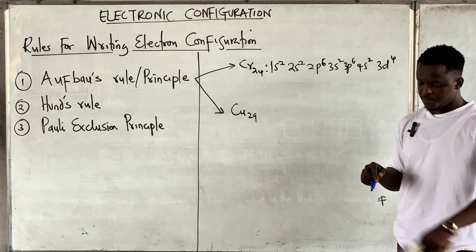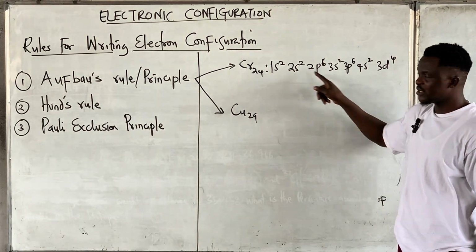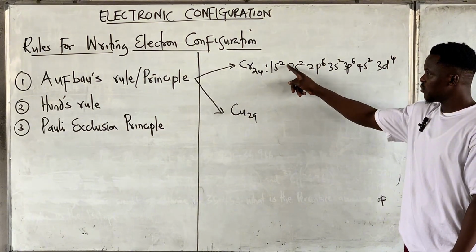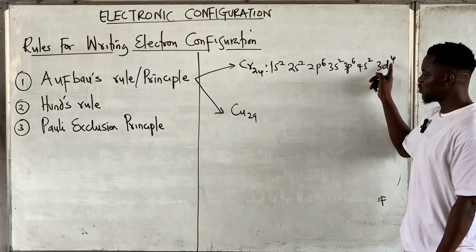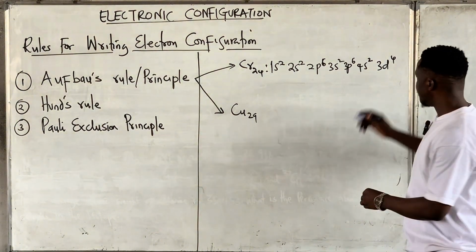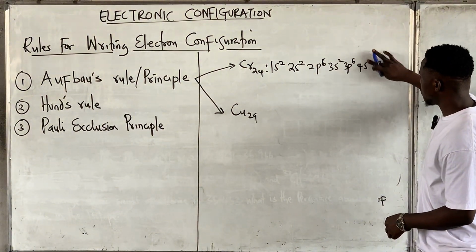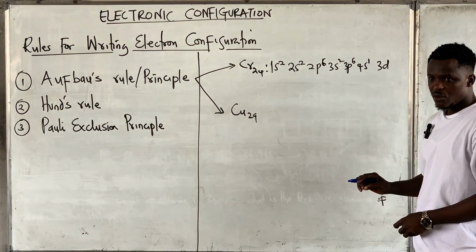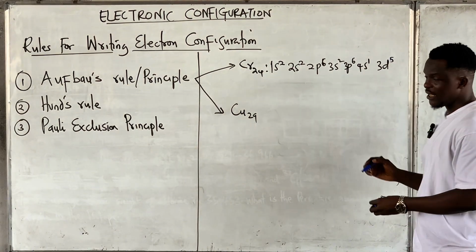If you count the number of electrons, here it's 24: 2, 4, 10, 12, 18, 20, 24. But the exception here is that the d is going to take one electron from here. Here becomes 1, and here becomes 5.